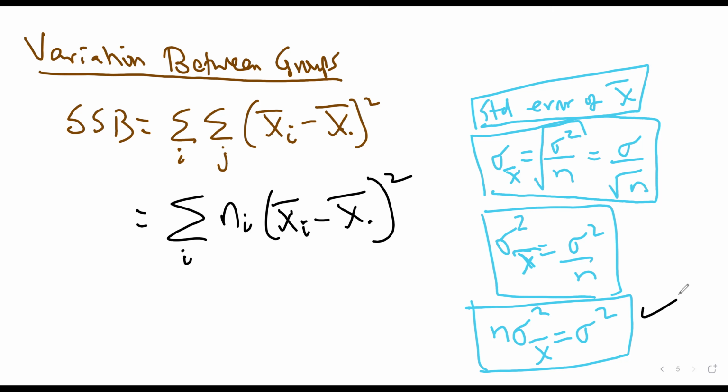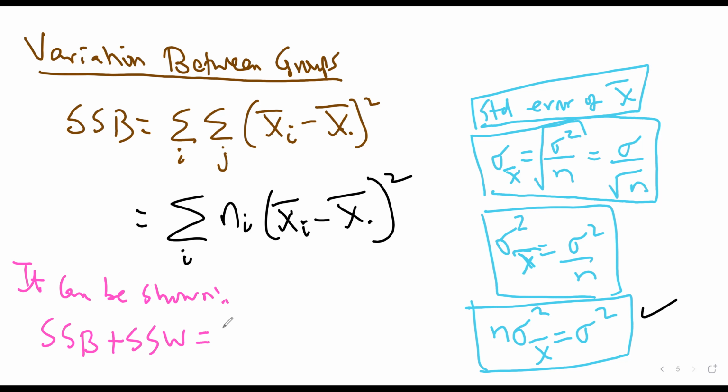Then it can be shown, and we're not going to show that, it can be shown that if you take SS between plus SS within, you will get SS total, which is given by the double summation over i, j of x_ij minus x bar dot, squared.